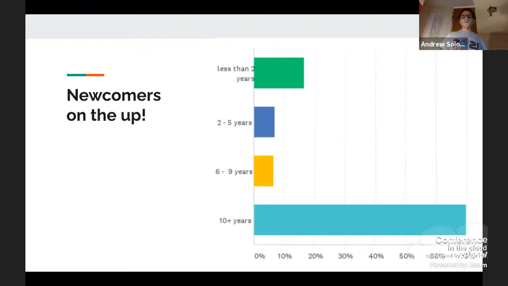This is the good news, I think: of the people who filled in this survey, among those with less than 10 years, the largest group were the people who've been doing it for less than 2 years. So my first reading of this is that we have more people coming into the Perl community.